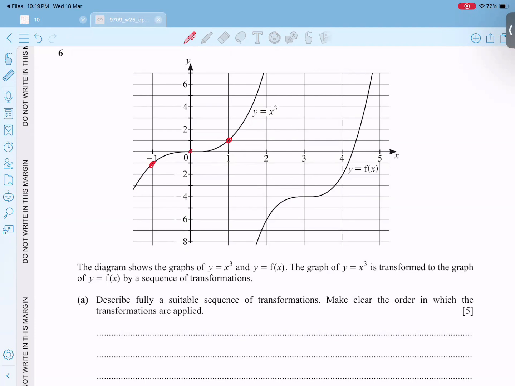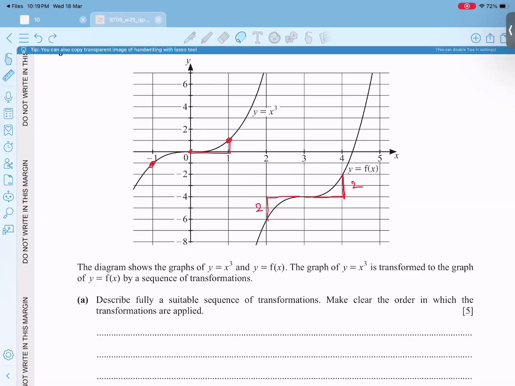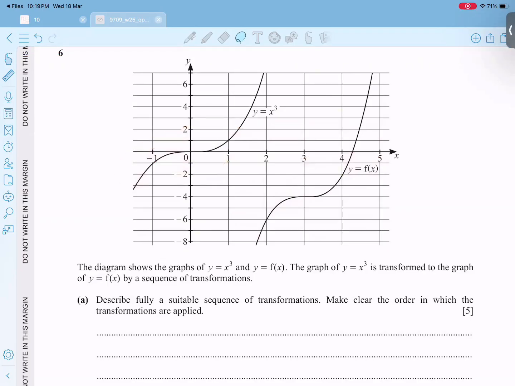If you look carefully, this is a gap of one box, but we can see that these are not one, these are two units. Similarly this one and this two again. So it looks like the diagram is stretched. Let me show you.